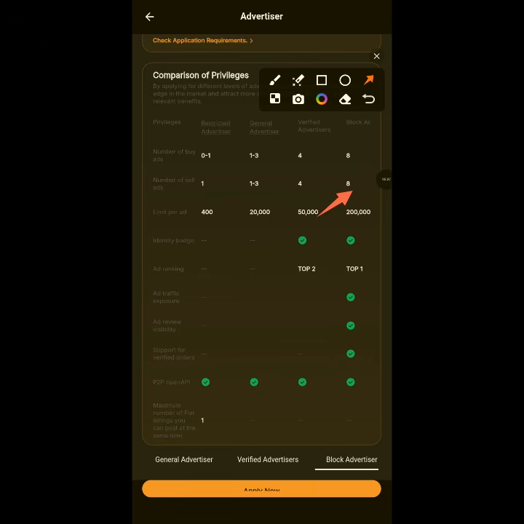It is already the same figure here. So your sell ads as a block advertiser can be as much as eight. Your sell ads as a verified advertiser can be as much as four. The basic thing here is that you can create more than one ad if you have a higher advertising ranking.